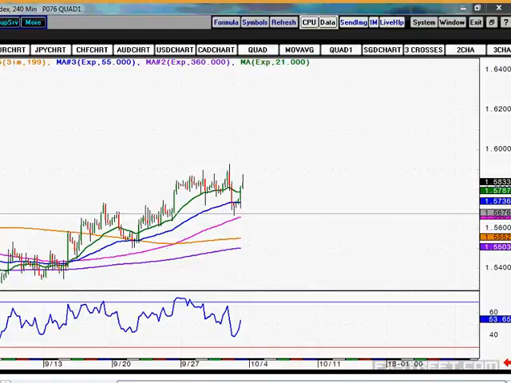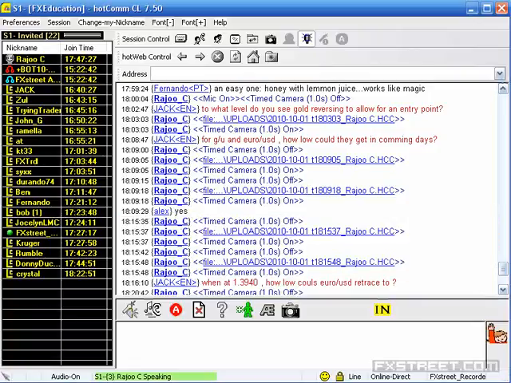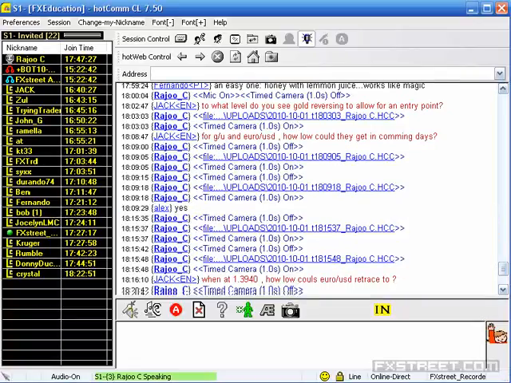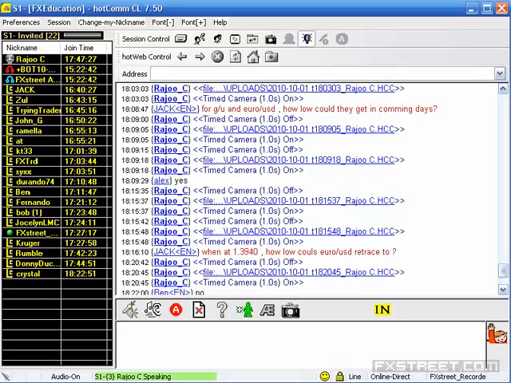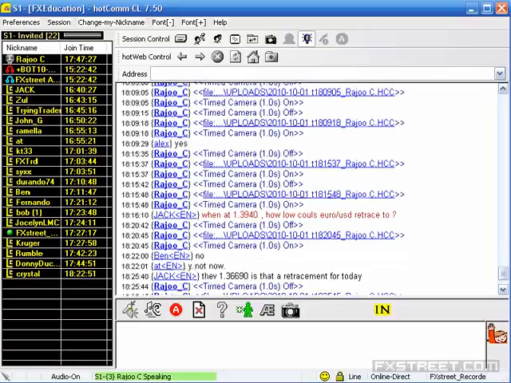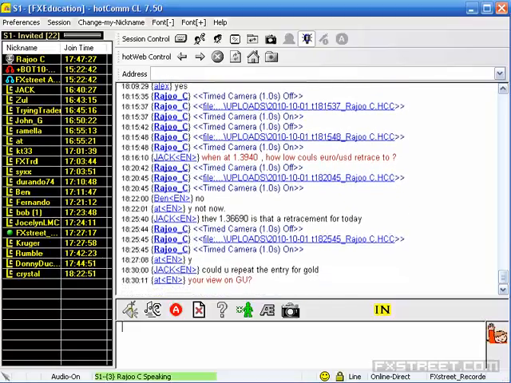The next question is, when at 139.40, how low could euro retrace? I think I've already answered that question. The 136.70 is that retracement for today. I told you, this is going to be a day trade, because right now it's 137.30.